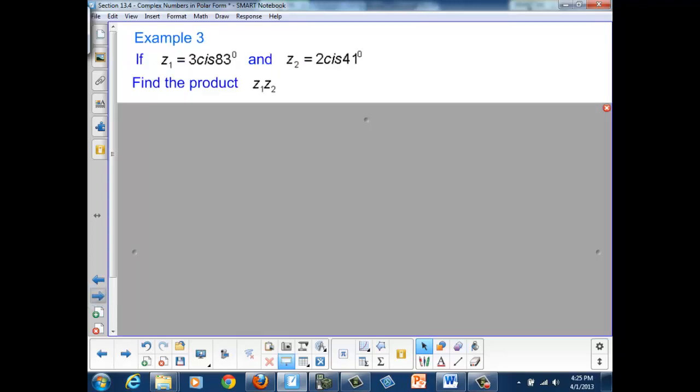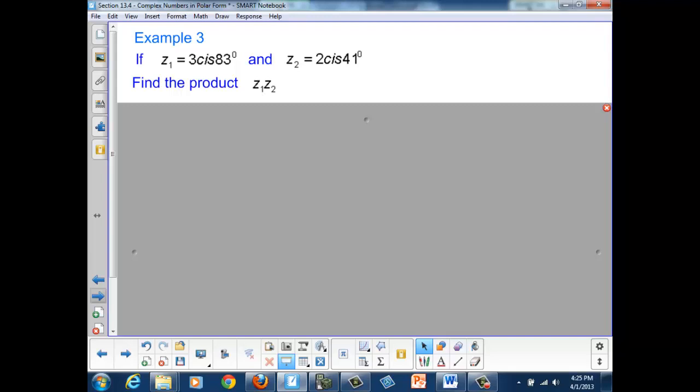All right, so converting from one to the other is a fairly simple process. Let's see what happens when we multiply two complex numbers. So if we're given one complex number to be 3 cis 83 degrees and the second to be 2 cis 41 degrees, what I'm going to do is rewrite those as Cartesian representations.